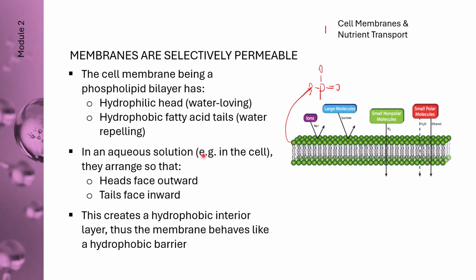Now, in aqueous solution in the cell, you find that the phosphate group, like we saw in the oil and water video, aligns to the water area in the extracellular side of the membrane and also in the intracellular side or cytoplasmic side of the membrane.